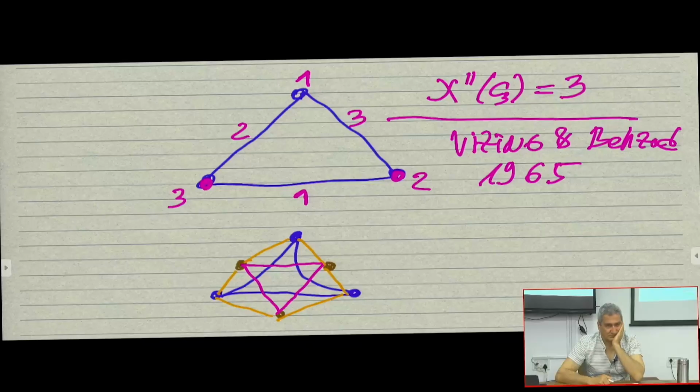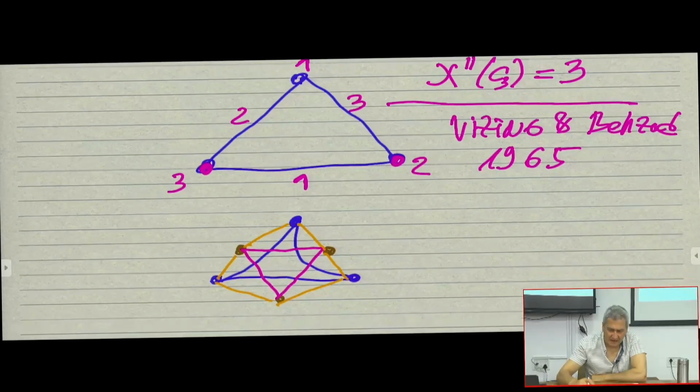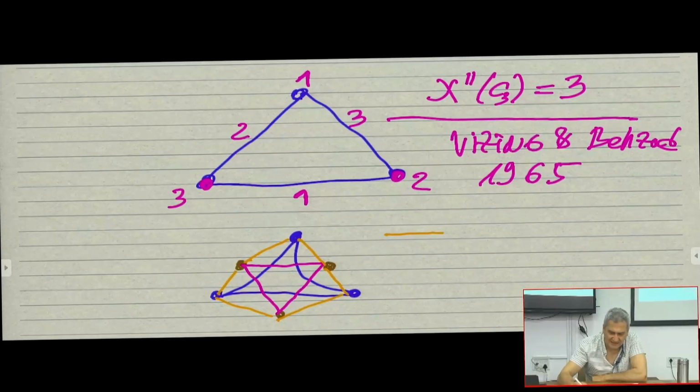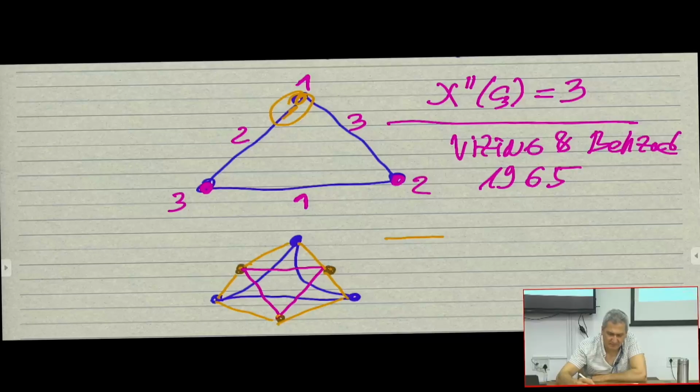Can you repeat the last step? Last step. This is the edge corresponding, like when we have such an incidence, a vertex with an edge. The brown vertices represent the edges. Let's denote it this way, maybe it's more clear.